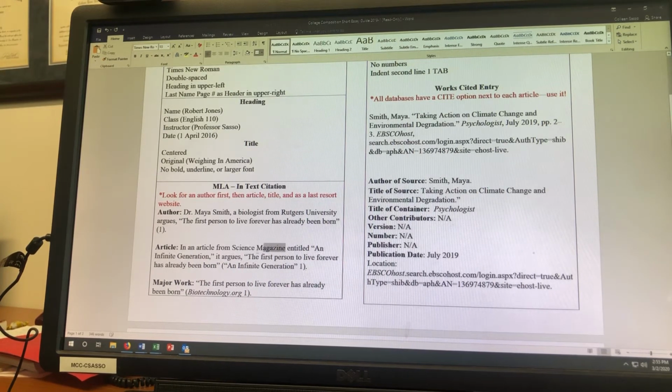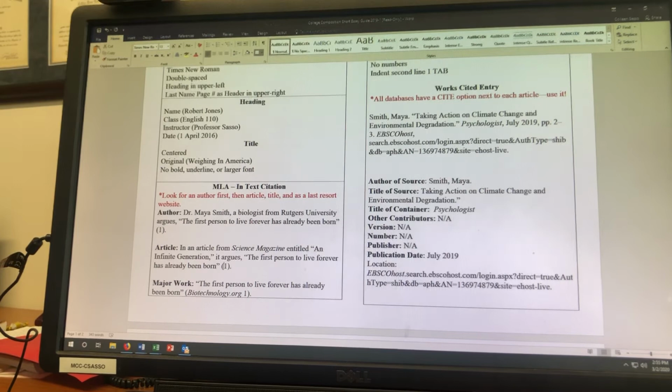And Science Magazine is a large work, so it does have to be italicized. So we introduced the information that we have about the source, so we don't then need to have it in here. We just need the page number. But everything else stays the same.